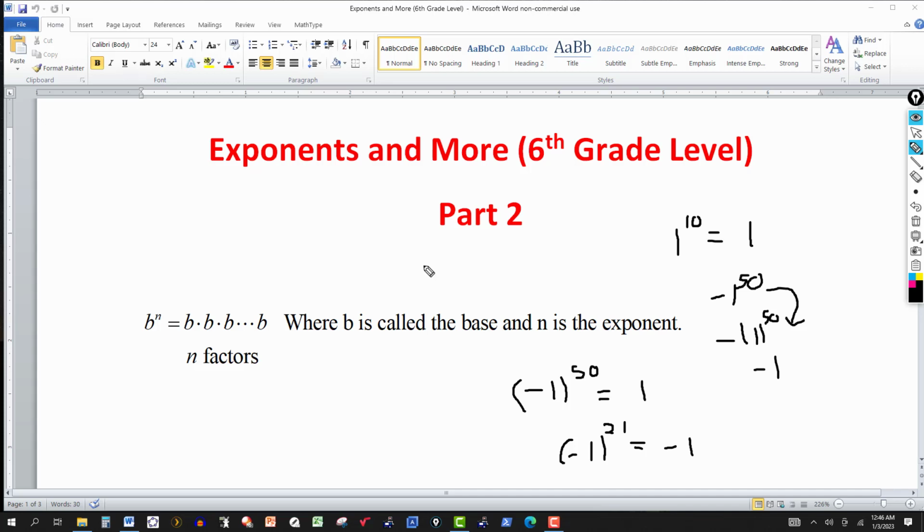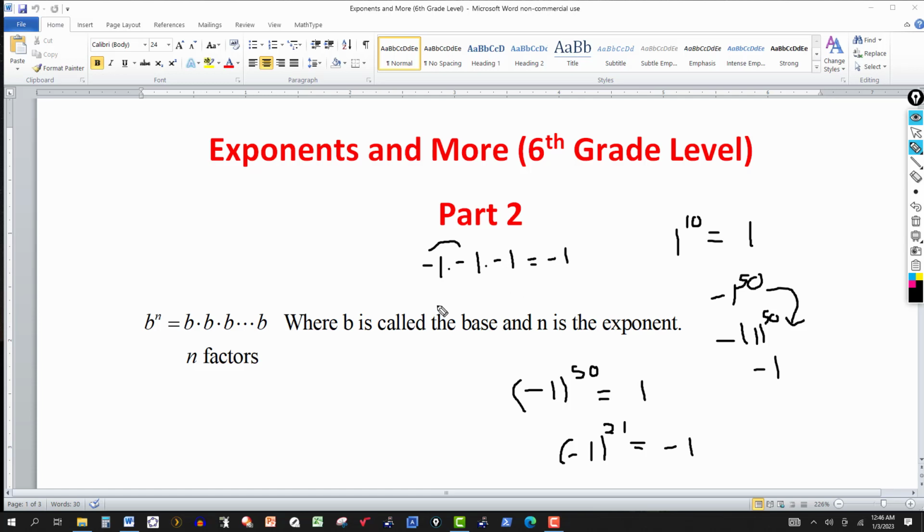Again, if you have an odd number of factors, negative 1 times negative 1 times negative 1, see, these two would cancel to a positive, but you're always going to have one left over when the number of negative factors is odd. So this will come out to a negative 1.